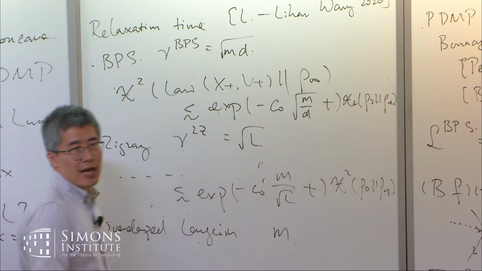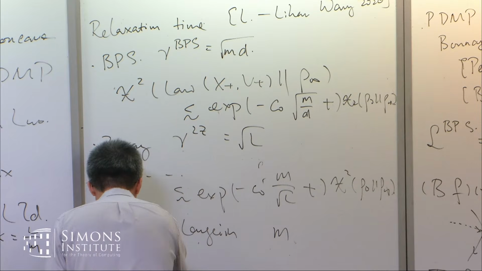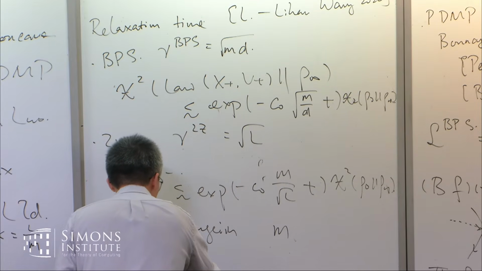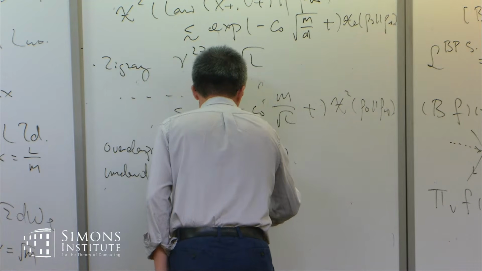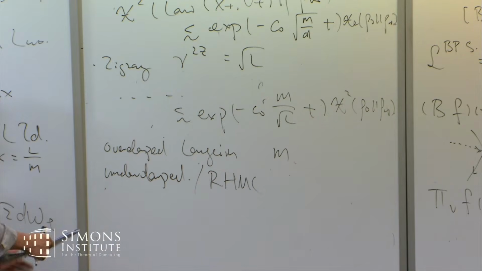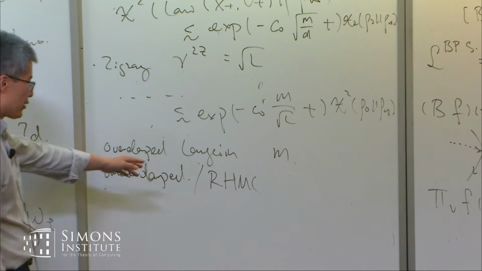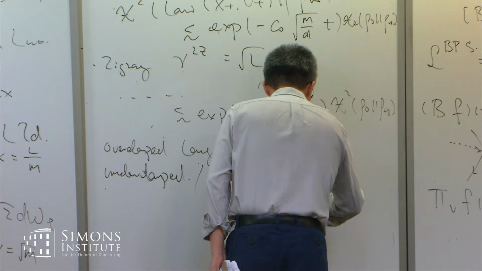Remember that m is a small number, so root m rate is better than m, could be much better than m. Then for the underdamped Langevin, or the kinetic Langevin, the rate is similar. Essentially, randomized HMC is almost a numerical discretization of the underdamped Langevin, an idealized numerical discretization. So they have the same rate, and this is root m.